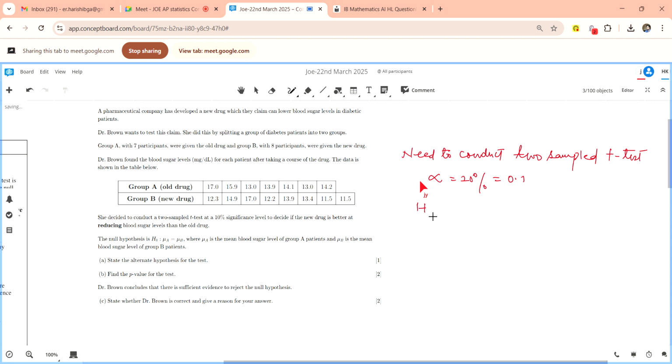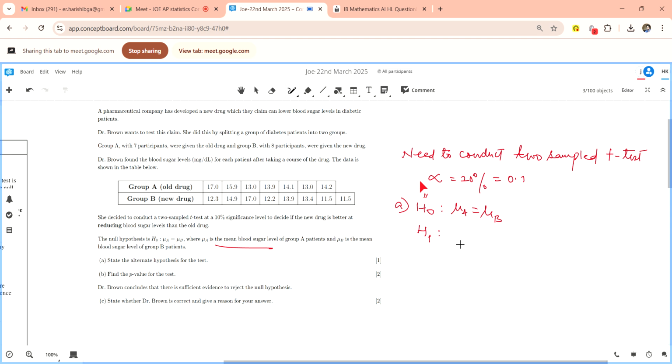My null hypothesis is that both mu A and mu B, that is the old drug and the new drug, are the same. mu A is the mean of the blood sugar level of group A, which is using the old drug, and mu B represents the mean of the blood sugar level of group B, which is using the new drug. They are the same. My alternative hypothesis would be what?